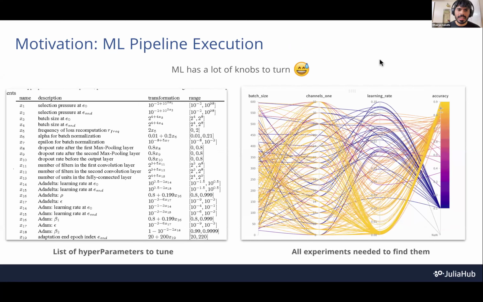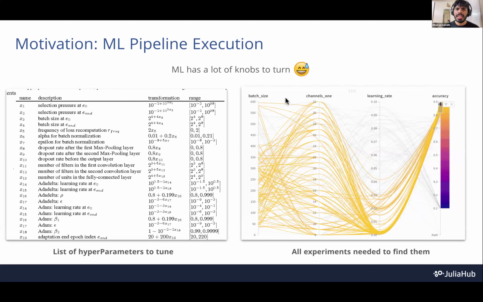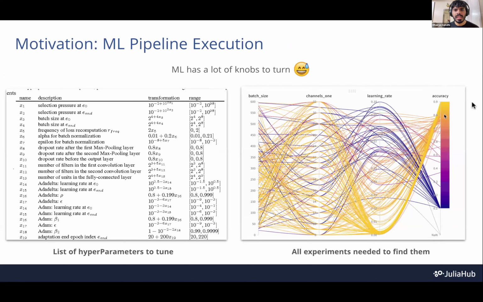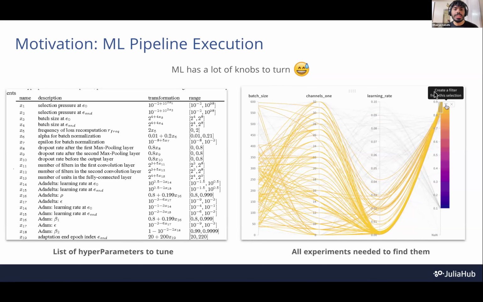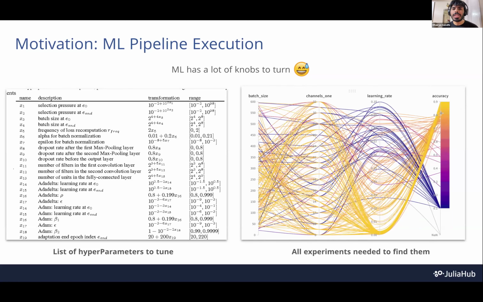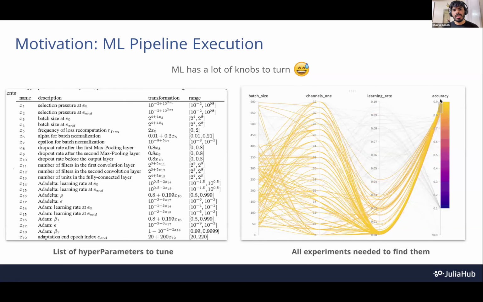Effectively, you have all of the various parameters that can influence the output of your models on parallel axes, and the last couple of axes will be the dependent things that we're actually interested in. In this case, you can see it's the batch size, the channels, the learning rate. These are all parameters of our experiment, and the accuracy is the output that we are interested in, right?